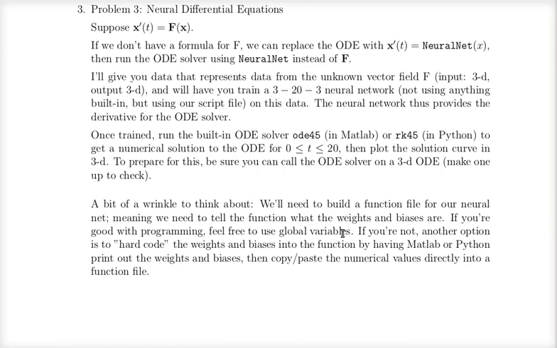The problem here is that the function needs to know what the weights and biases are for your neural net. One way to do this would be to just copy and paste the weights and biases from the screen or wherever into your function file. Another way is to use global variables. You don't need to use global variables though. Copy and paste works just fine if you want to do it that way.